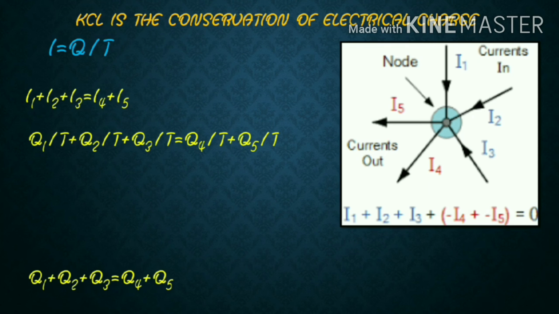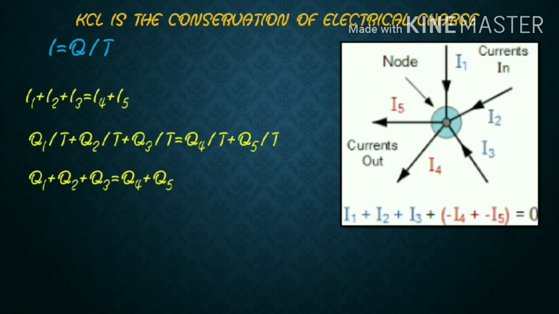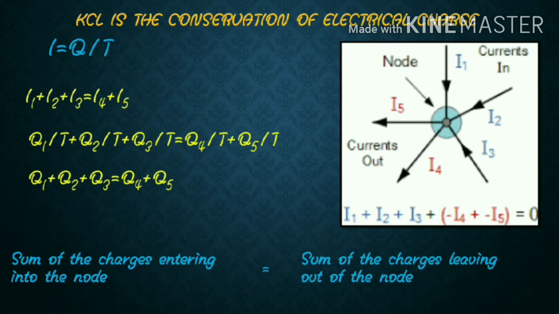Since T is unit time, we can write Q1 plus Q2 plus Q3 will be equal to Q4 plus Q5. So we can say the sum of the charges entering the node will be equal to the sum of the charges leaving out of the node.